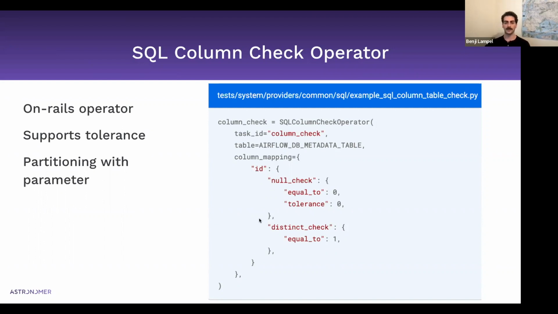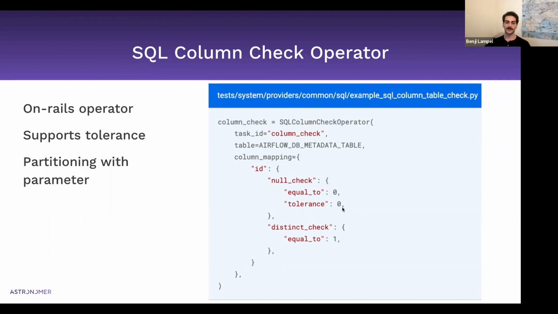Within each column, you can have multiple checks. So we see here that we're doing a null check and a distinct check. And then within each check, there are a few configurations that you can do as well. We have an equal to 0 here and a tolerance. This equal to 0 is ensuring that the actual metric that we're checking matches a specific value. So here we want to make sure that we have no nulls.